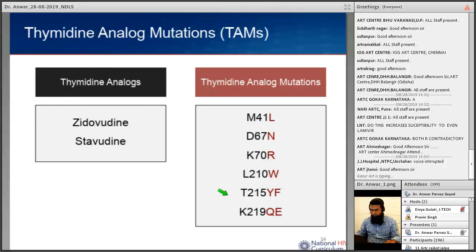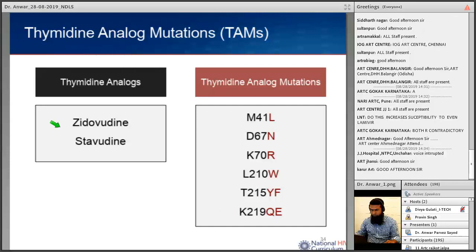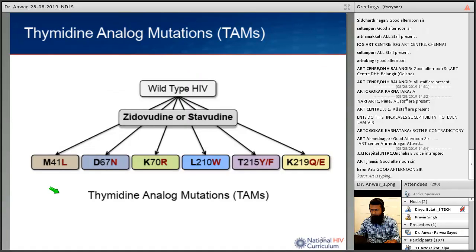You need not remember this list of mutations, which are called TAMs, but one thing you can remember is, for lamivudine we just said that the presence of 184V may cause resistance, but for thymidine analogs there need to be more than one mutation for the drug to become resistant to that particular virus. So there is accumulation of mutations.